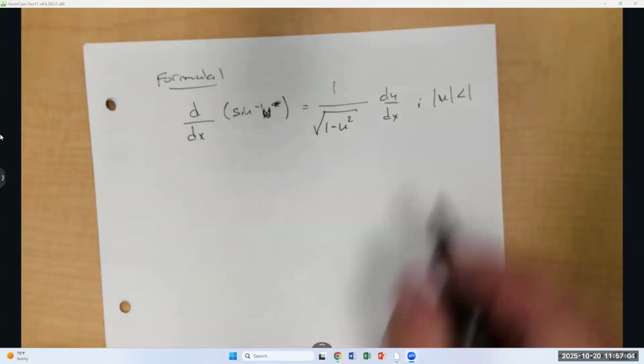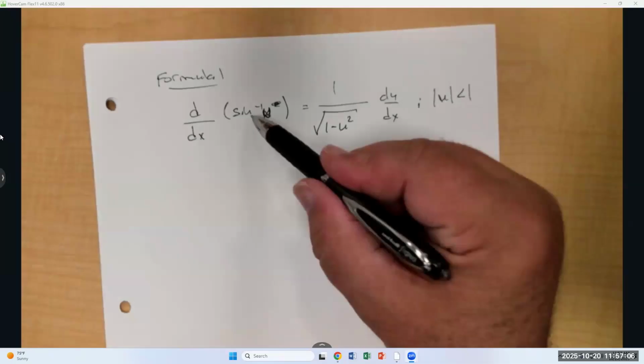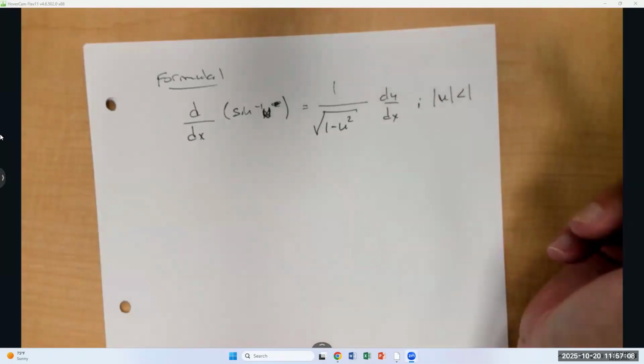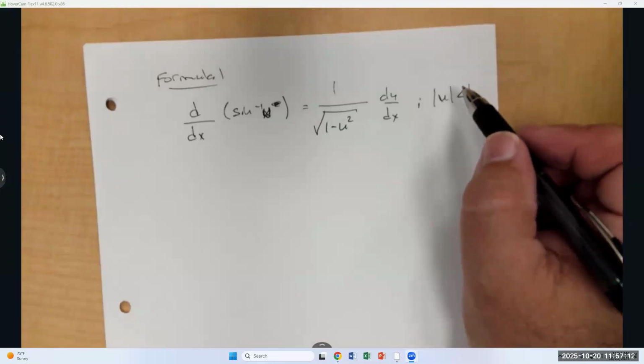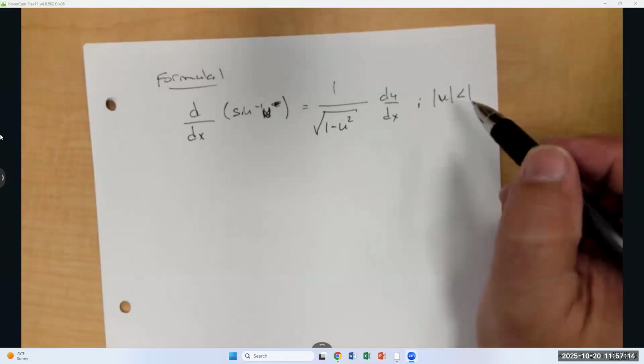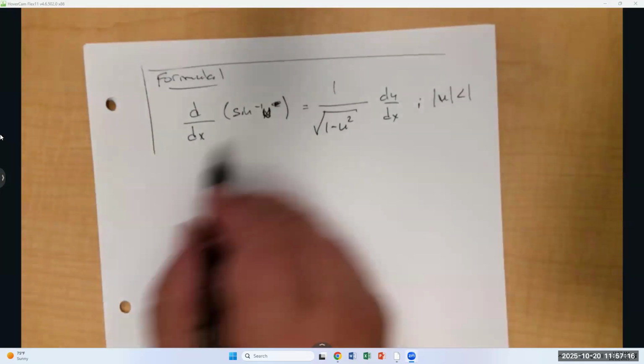Why is this? Because normally the sine function is bounded by 1, but now since we're doing the inverse, we switch x and y, so we change the direction of it. So there's our formula 1 with our sine function.